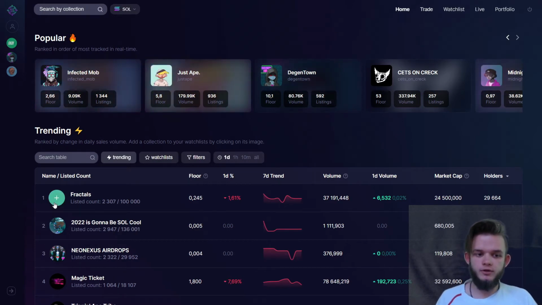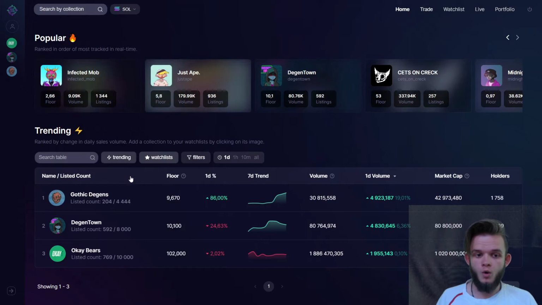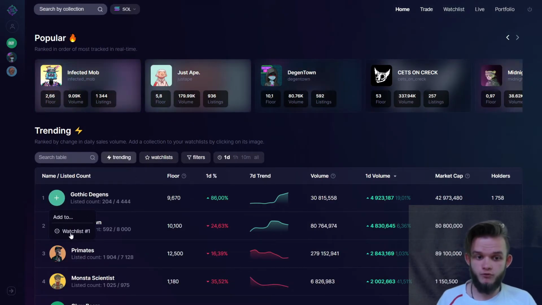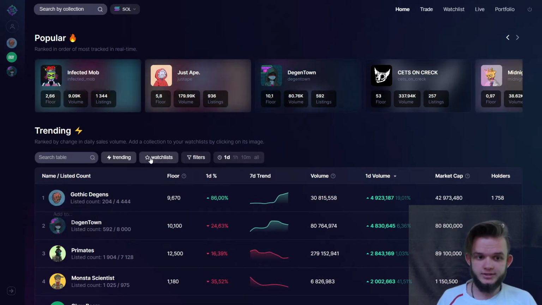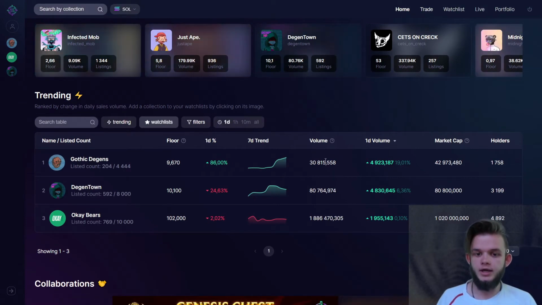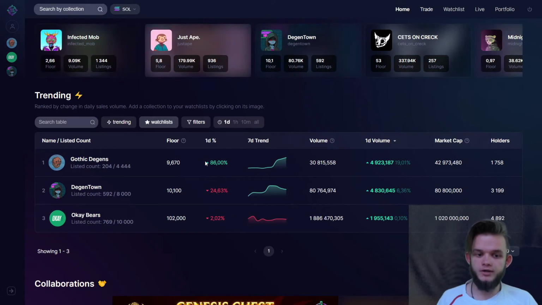Another really cool feature in here is that you can check these collections, not every one of them, but you can make your own watch list. You just click on this green button, add to your watch list, then go into your watch list and look at all the collections that you need, where you see their volume, 1 day volume, floor, and all other things.